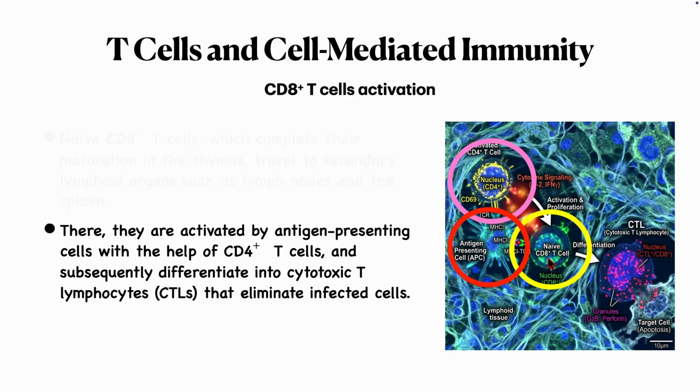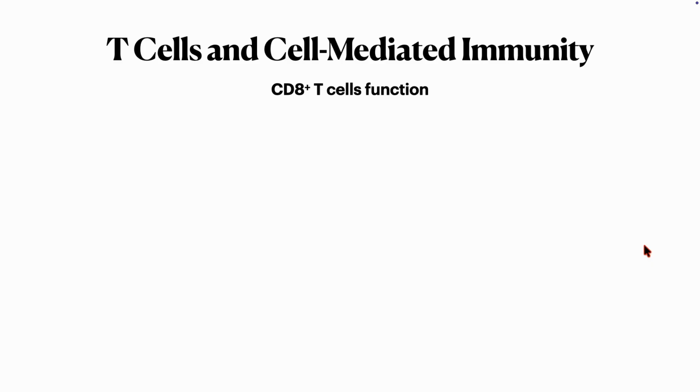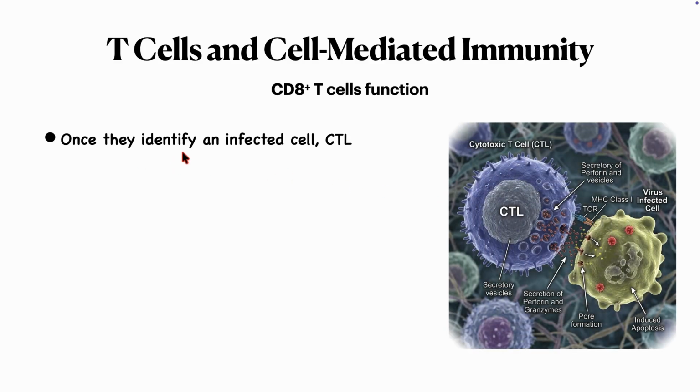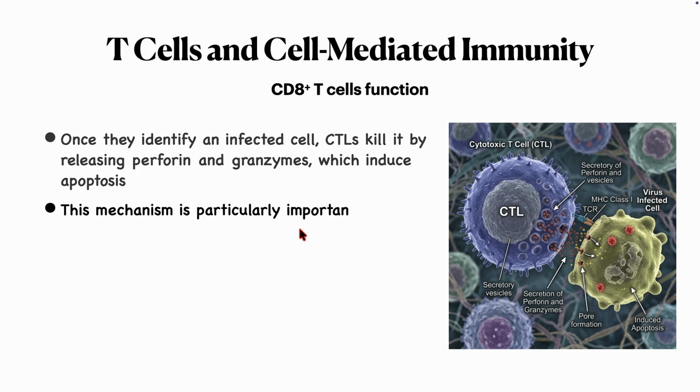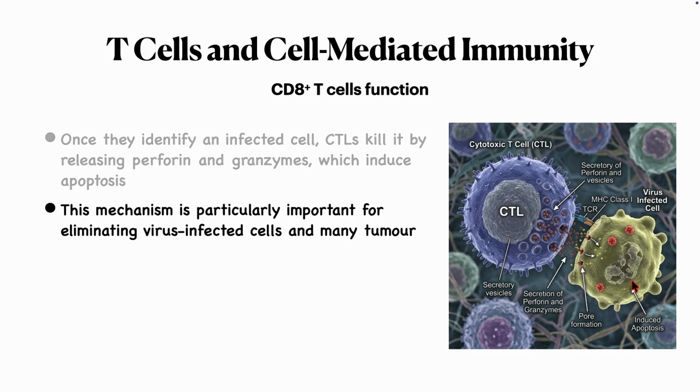And CD8 positive T cell subsequently differentiate into cytotoxic T lymphocyte or CTL shown in yellow circle. Once they identify an infected cell, CTLs kill it by releasing perforin and granzymes which induce apoptosis. This mechanism is particularly important for eliminating virus-infected cells and many tumor cells.